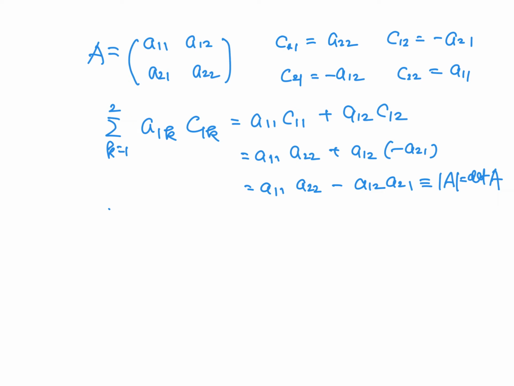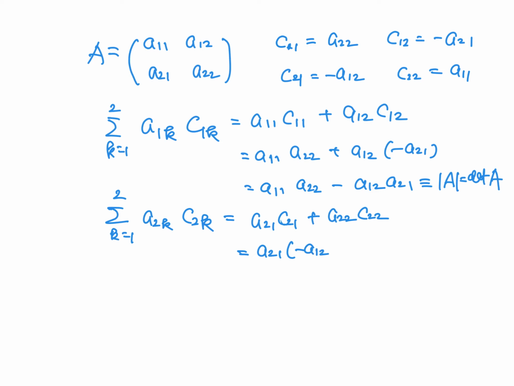How about this? The sum of A_2k C_2k. A21 C21 plus A22 C22, which is minus A21 A12 plus A22 A11.